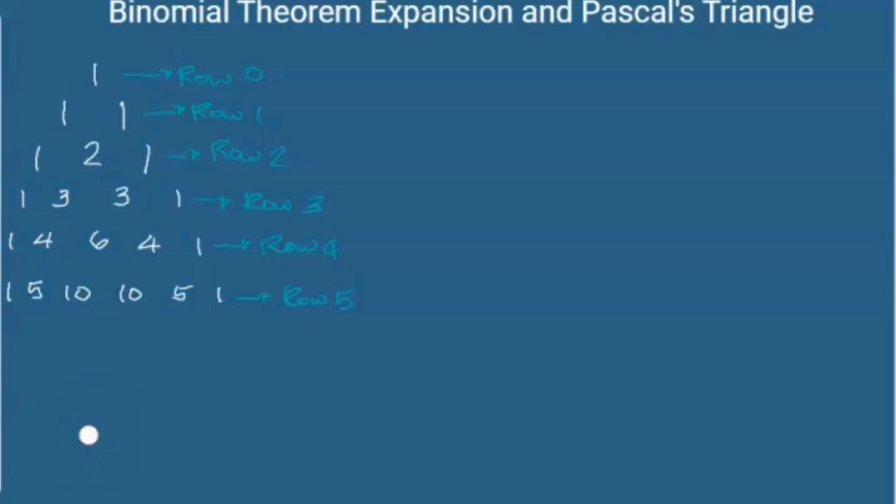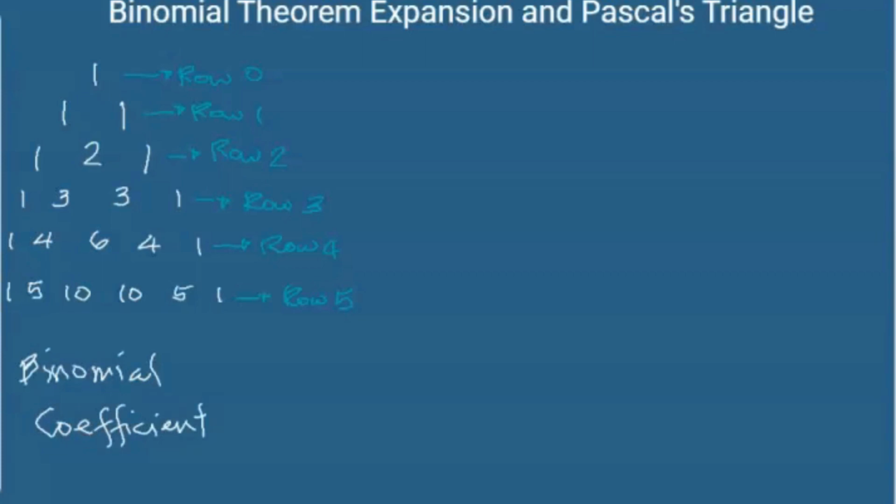These numbers here are the binomial coefficients, and we can use this later on when we expand some binomial expansions.